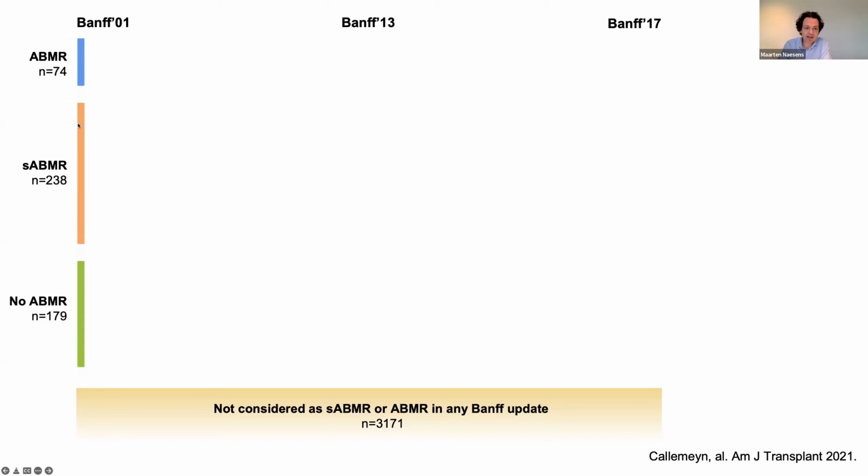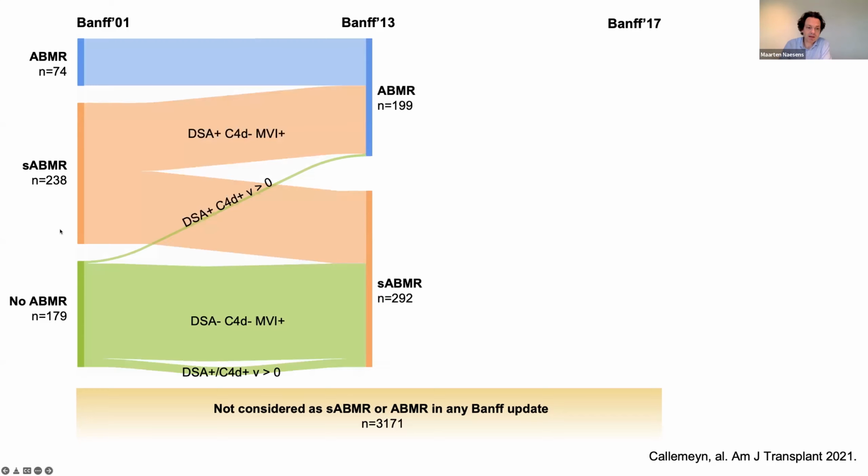For instance, in Banff 2001, there was a category of suspicious cases for ABMR that were only in Banff 2013 attributed to full ABMR, and these are the cases with C4D negative antibody-mediated rejection.